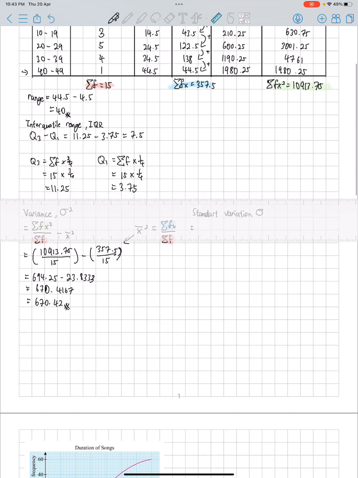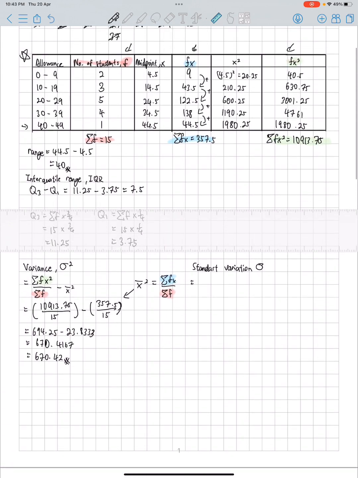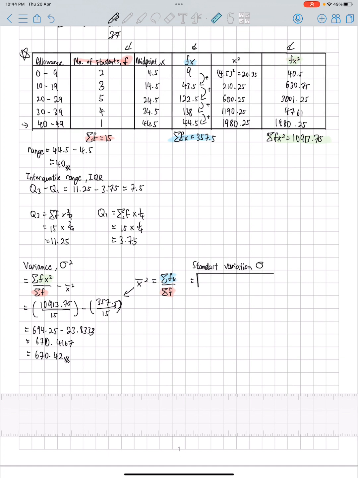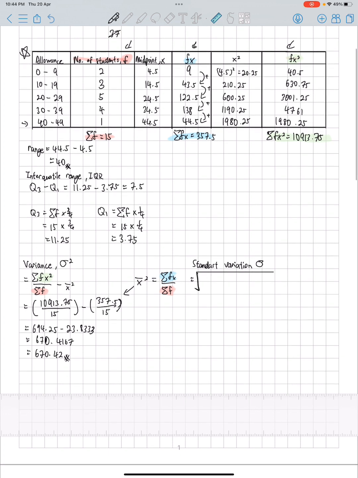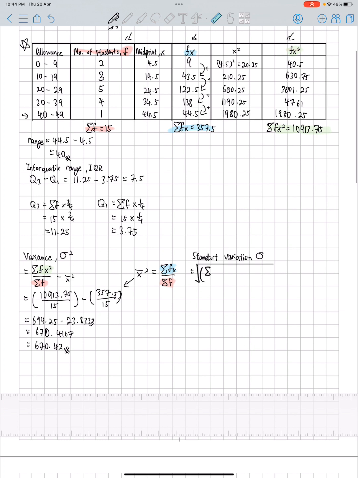You use a ruler. Okay, better. So it's just the same formula as the variance, but you square root it.